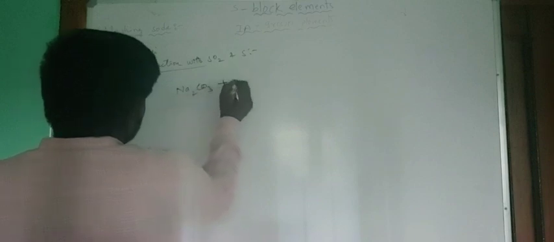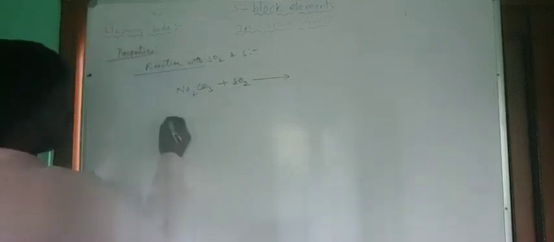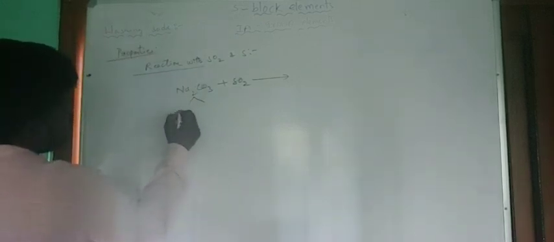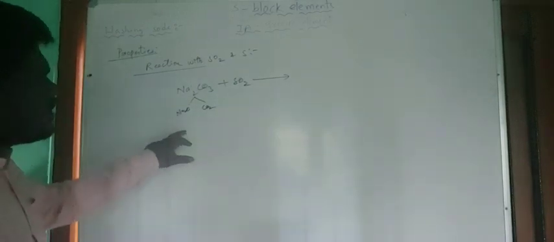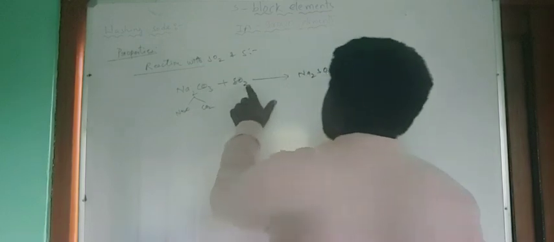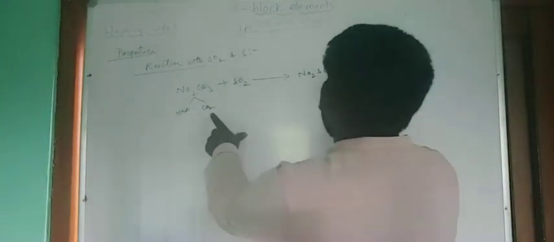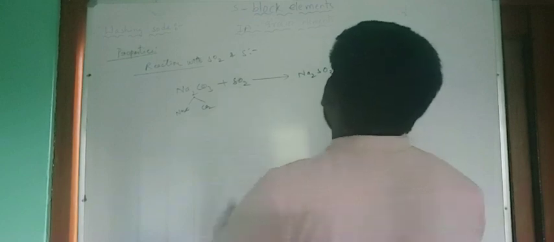This Na2CO3, when it is treated with SO2 first, let us see what products we are going to get. So here also this molecule is divided into Na2O and CO2, which is basic and which is acidic in nature. So both combine together and give us Na2SO3, and we will get carbon dioxide gas, CO2 gas.